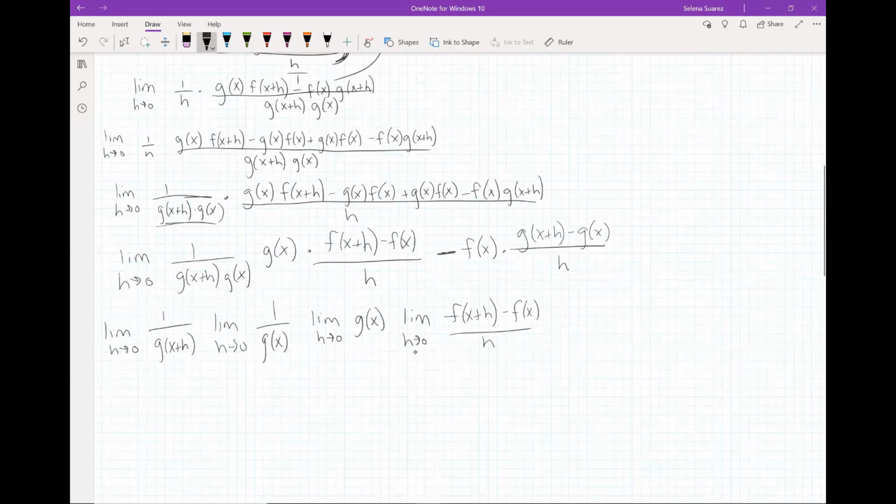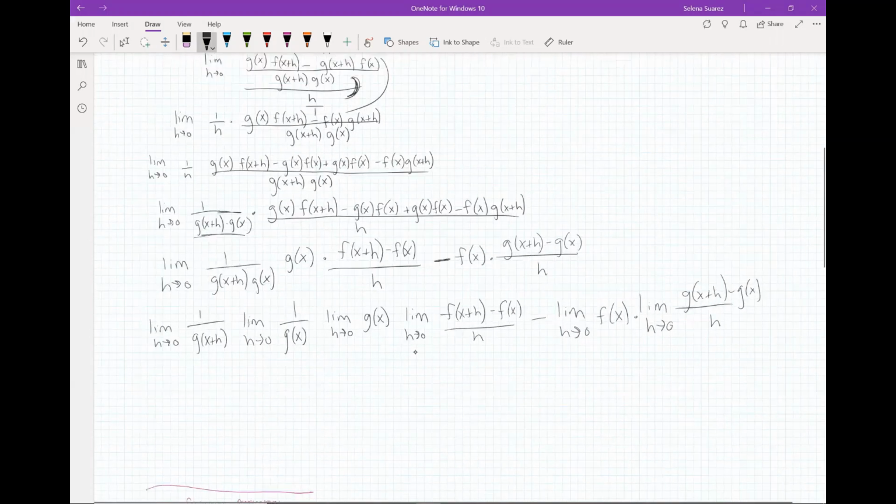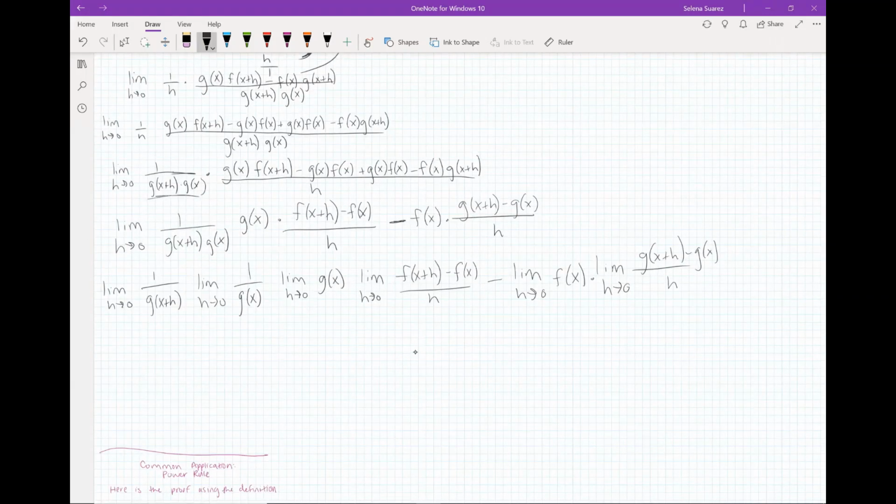And again, this is going to be one long problem, so minus the limit as h approaches 0 of f of x times the limit as h approaches 0, almost done, of g of x plus h minus g of x over h. So I have this, and now we can start seeing that these are actually using the definition of a derivative. So these are actually f prime of x, and this one is g prime of x.